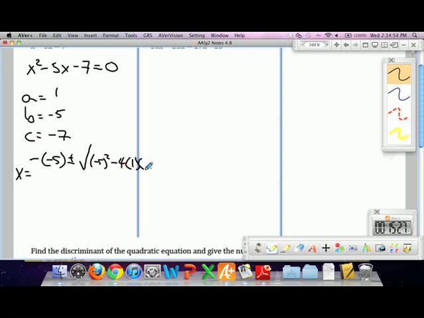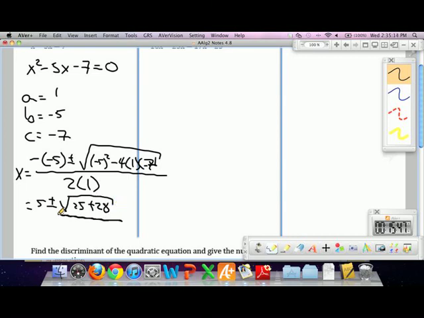That's 5 plus or minus the square root of 25 minus negative 28, or plus 28, all over 2. 5 plus or minus root 53 over 2. You can simplify this: 5 plus root 53 divided by 2, and 5 minus root 53 over 2. Two solutions.